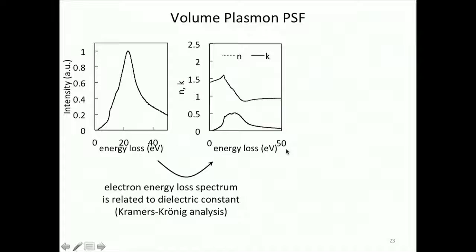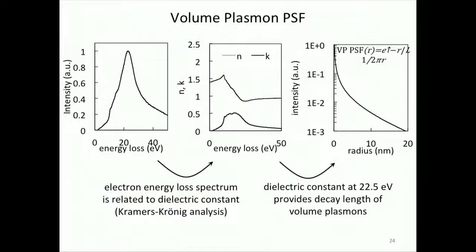at many different energies. So for instance, considering an electromagnetic wave at 22.5 eV, I can calculate the index, the N and K. And the K is the extinction coefficient, which is related to the decay length of that electromagnetic wave at 22.5 eV.